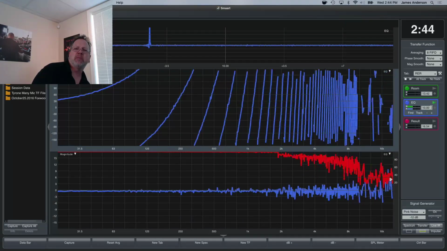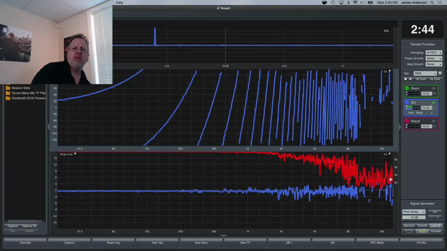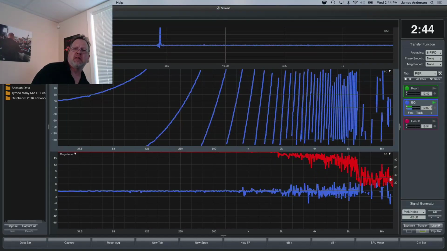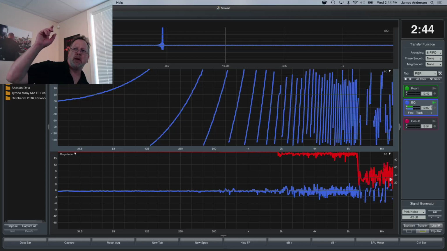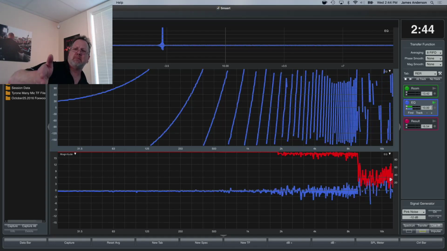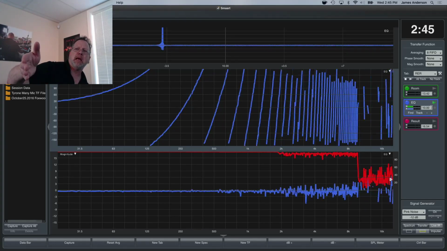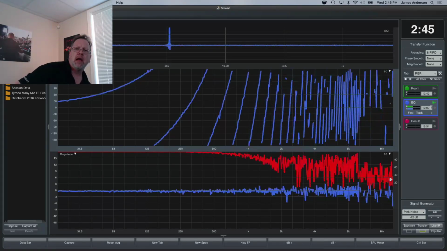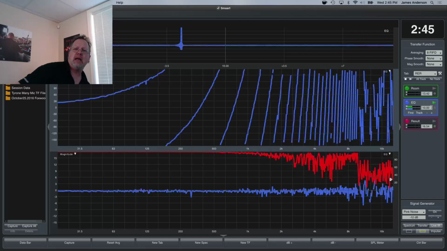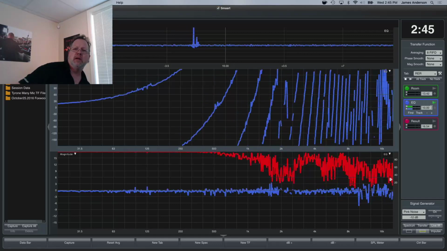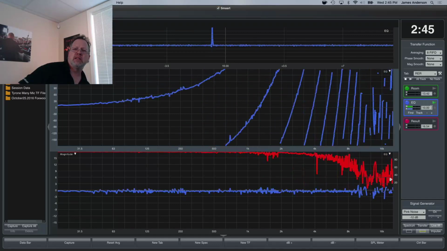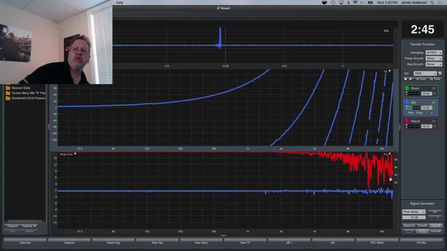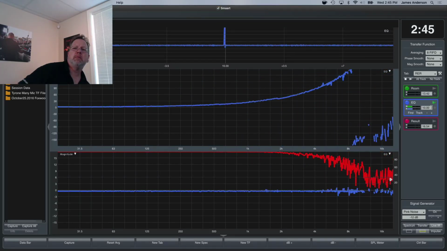Now, when would I do something silly like this? I would do this all the time. Let's say I'm setting a delay for a system. I have my main system, I measure that, I set my measurement delay to the arrival of the main, then I turn off the main system, I turn on the delay system, and I adjust its delay until you can see him coming into the center. Bringing him in, bringing him in, bringing him in.